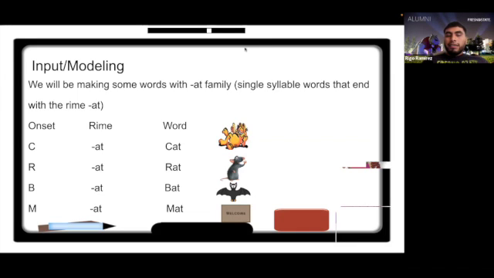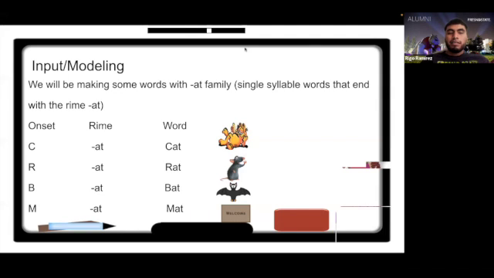What we just did right now is we blended the onset to make a new word. For example, we changed onset C to onset R to make the word rat. And then we changed the onset R to B to make the word bat.